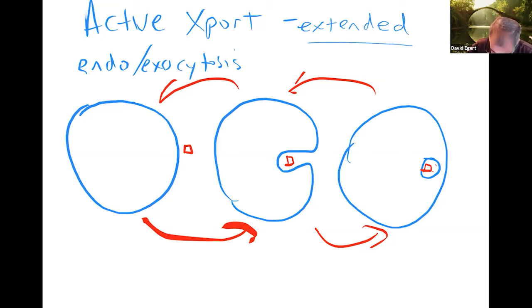Some words I should mention: the piece of membrane that is involved in this is not just some generic membrane. There's this stuff called clathrin. It's another membrane protein. This is what we call a clathrin-coated pit.